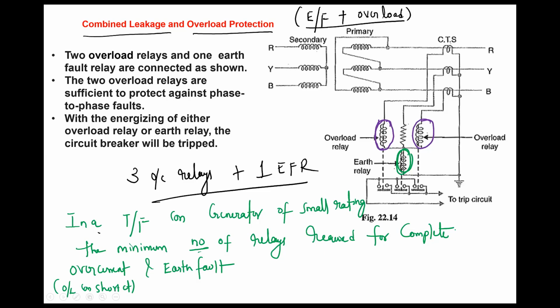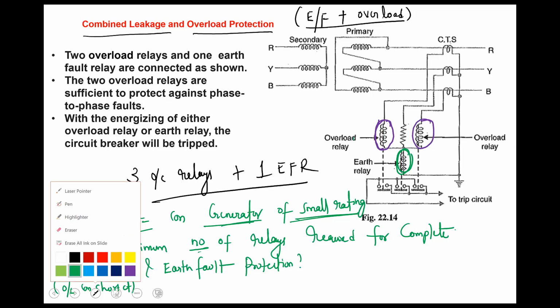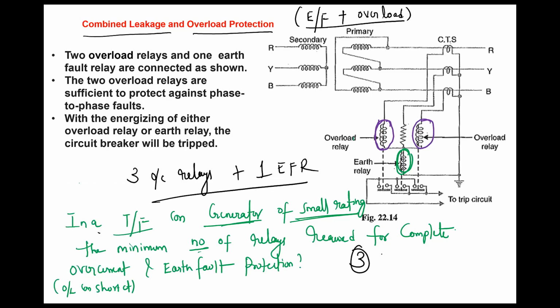So in a transformer or a generator whose rating is usually small, the minimum number of relays required for complete overcurrent and earth fault protection is 3. Total relays required is 3, out of which 2 are overcurrent relays and 1 is an earth fault relay.